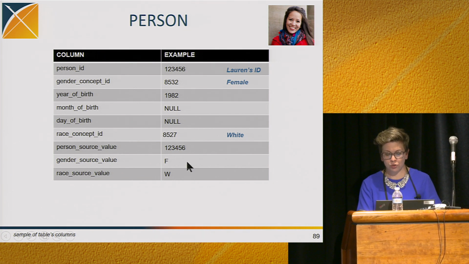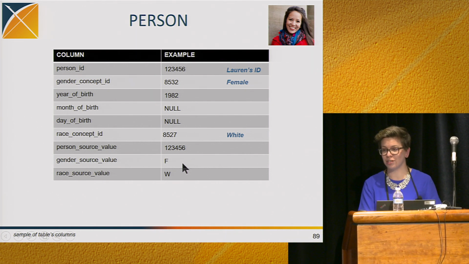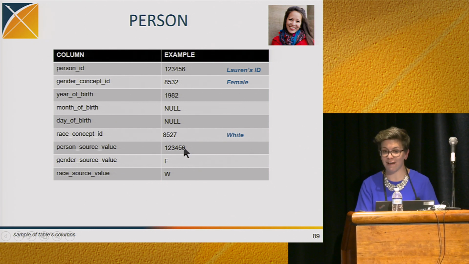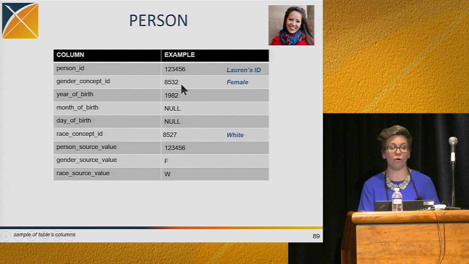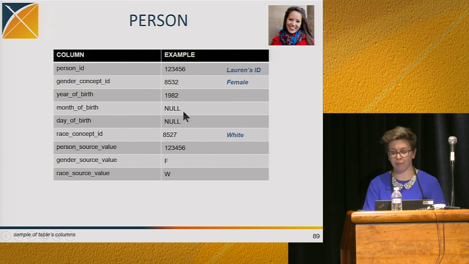This data source also listed Lauren as being F, or in some data sources you might see 2 or 0. So what we've done is we standardize the fact that she's female to 8532. That way you don't have to worry about if it's 0, 2, or F, or female. She has a year of birth.